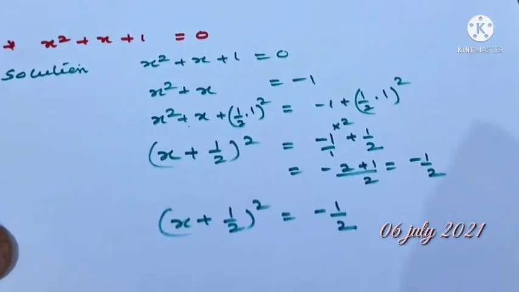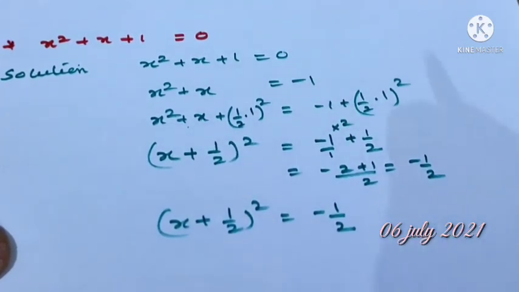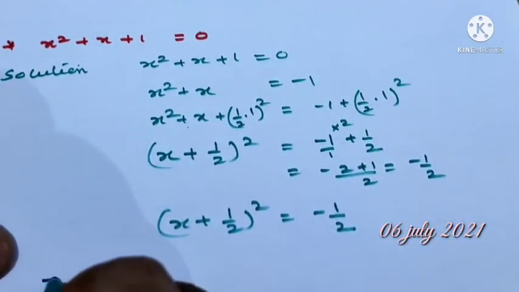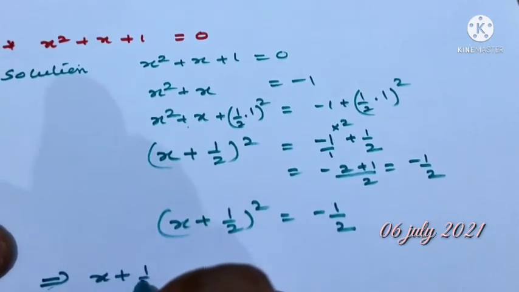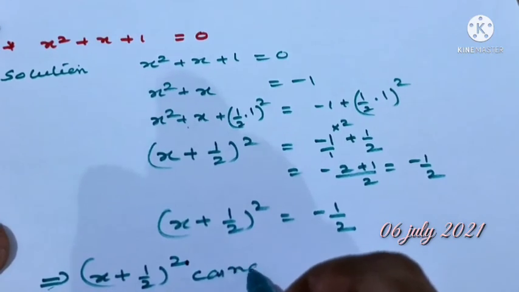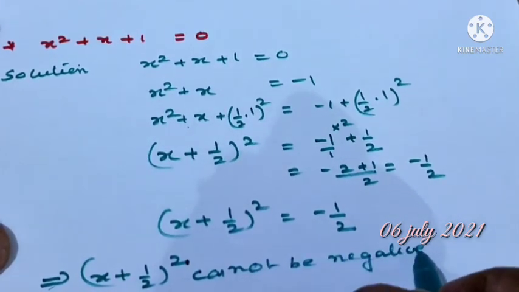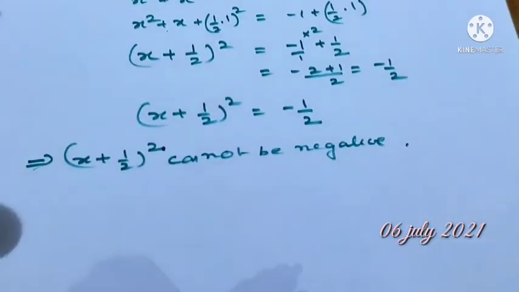Now here what is the answer we got? Right hand side is negative but left hand side is a square only. So what is the answer we are having? X plus 1 by 2 whole square cannot be negative. So what is the conclusion?